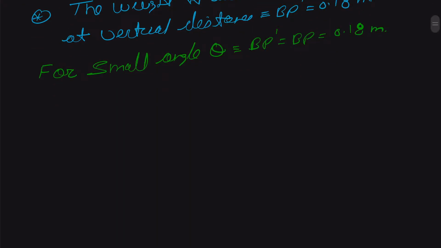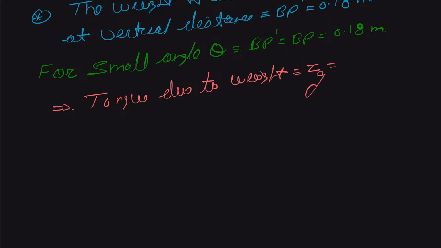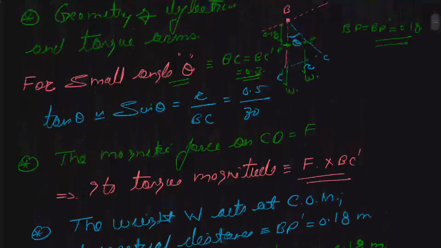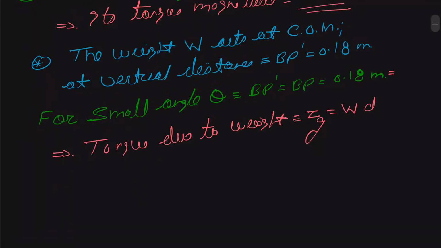Therefore, we can say that the torque due to weight, let us call this our tau g, will be equal to W times, let me call this dW, so this comes as dW sine of theta.